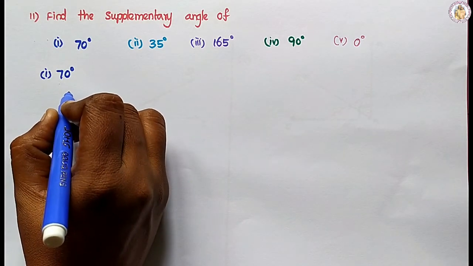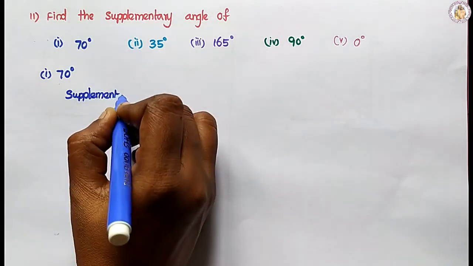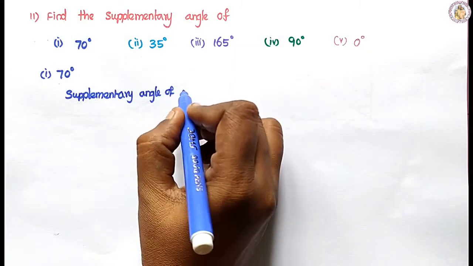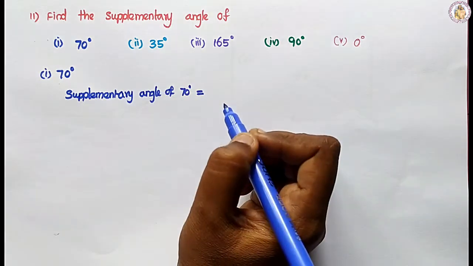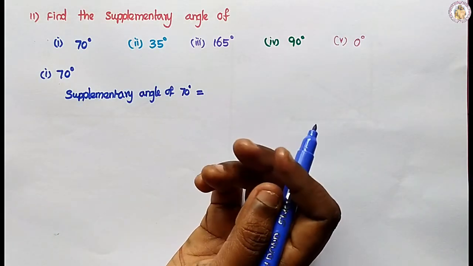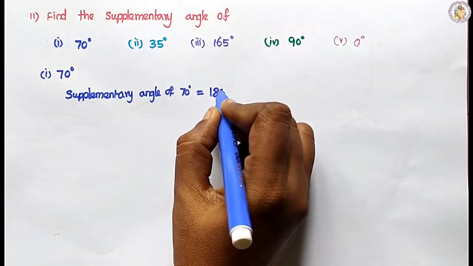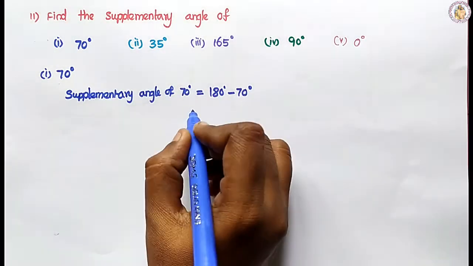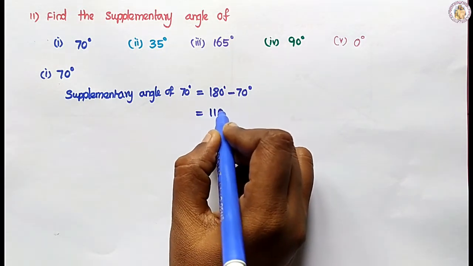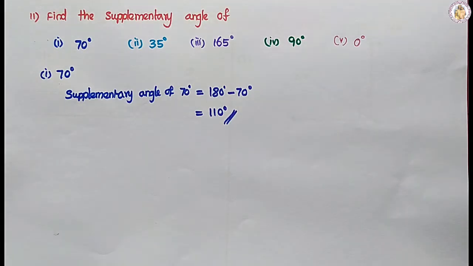So supplementary angle of 70 degree equal to, complementary angle means 90 degree minus given degree, here 180 degree minus given degree. 180 minus 70, 110. That is the supplementary angle of 70 degree.